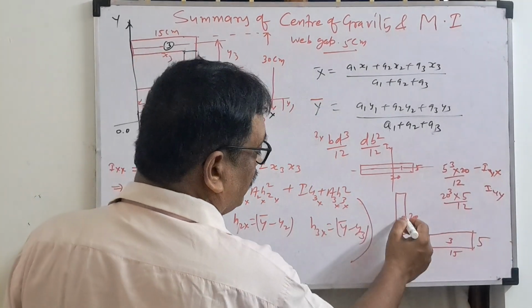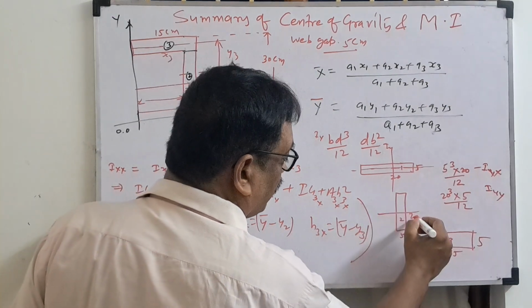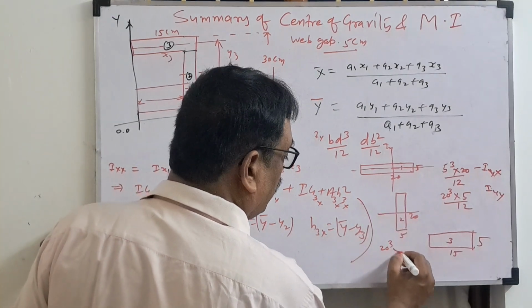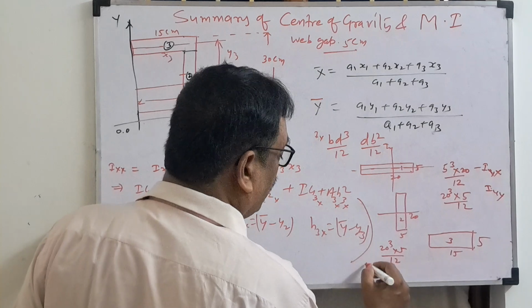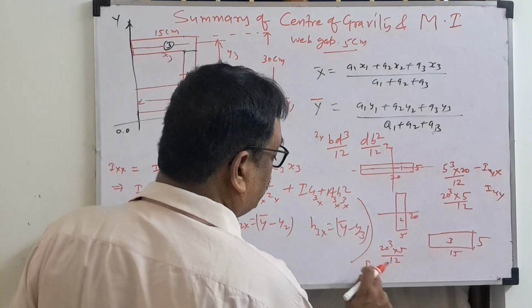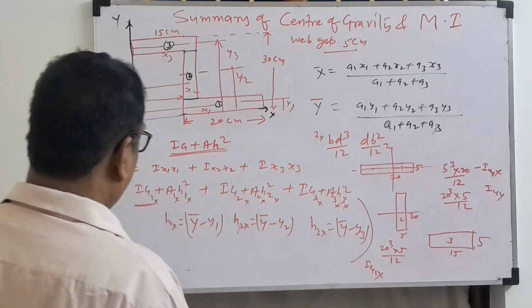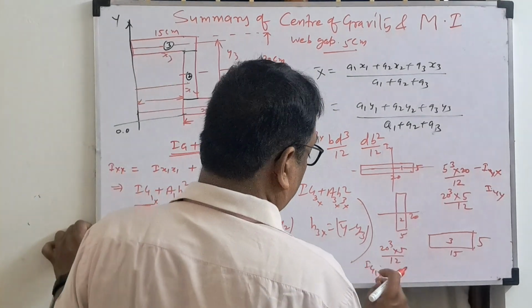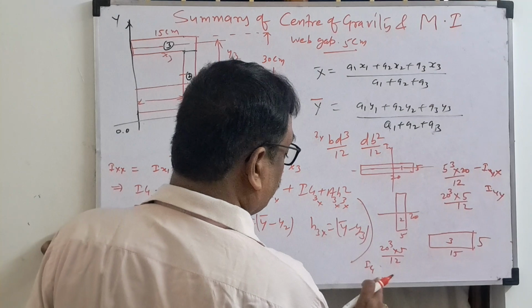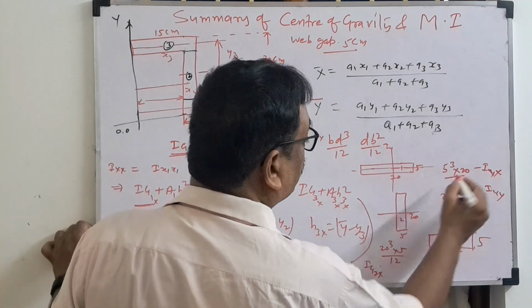Suppose you are taking the second section. Here it is 20 cube into 5 by 12 for Ig1x.